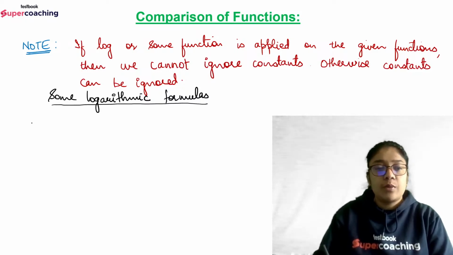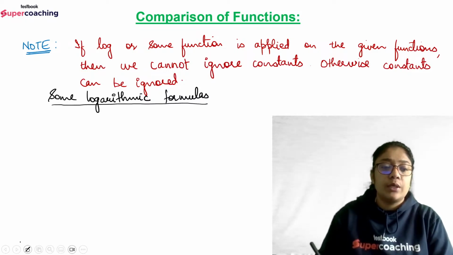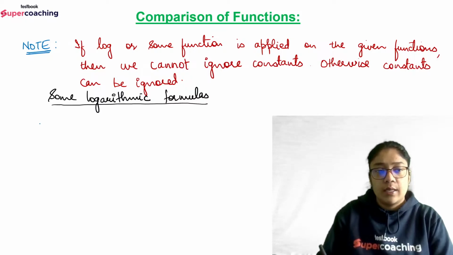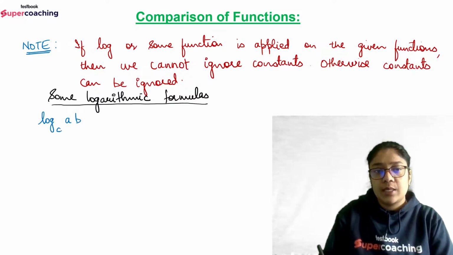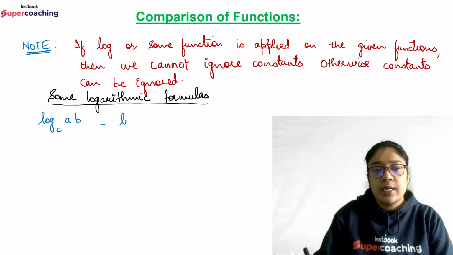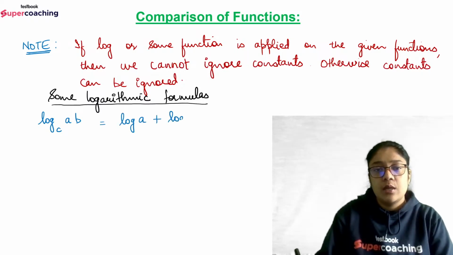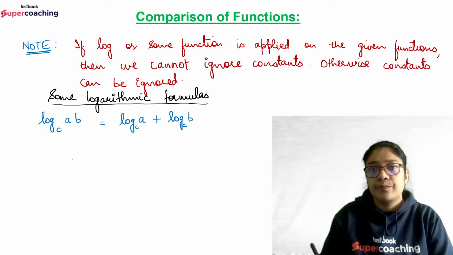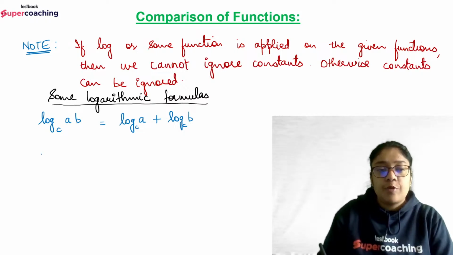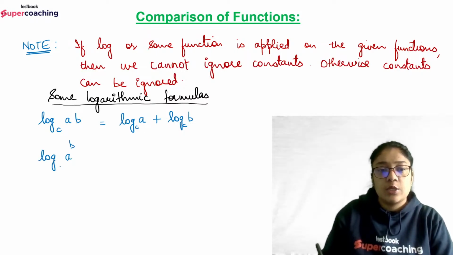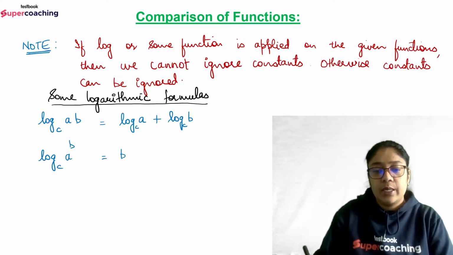So some logarithmic formulas, we know that if two functions are given, like log multiplication में दिए गए हैं, there is some base c. So we can take the individual terms with the operator plus: log a plus log b, there will be no change in the base. This is formula number 1. एक formula हमने अभी discuss किया, if it's a raised to power b, then it comes out to be b log a.